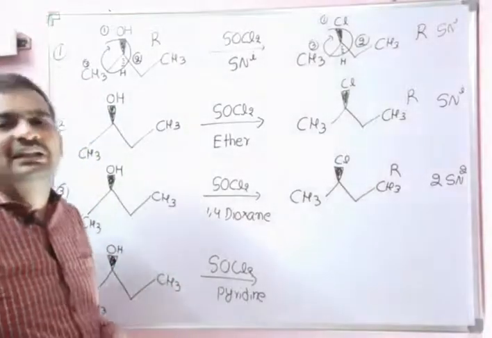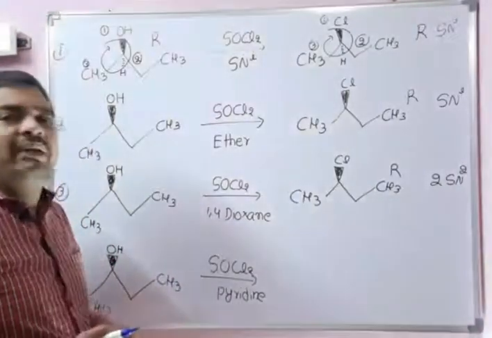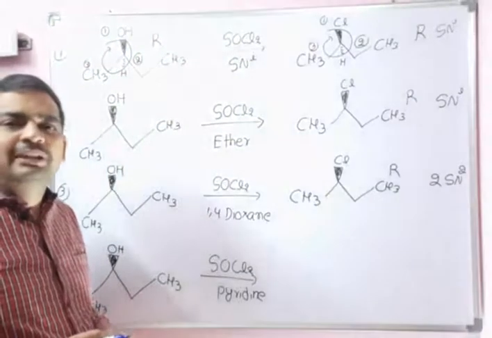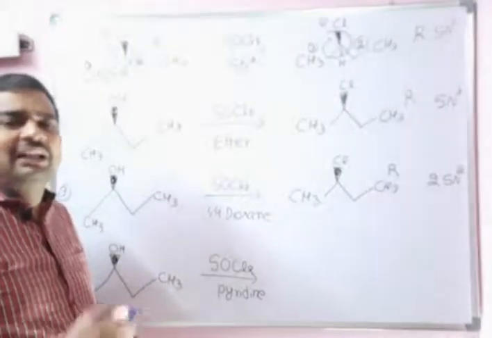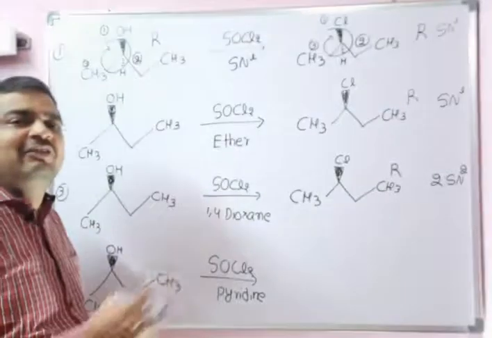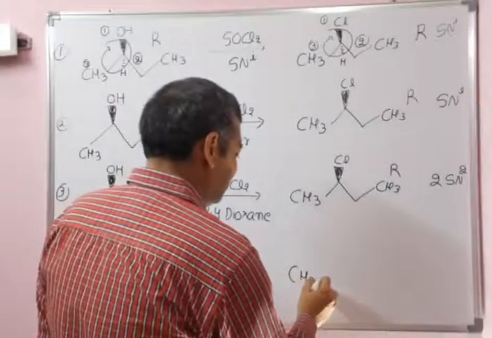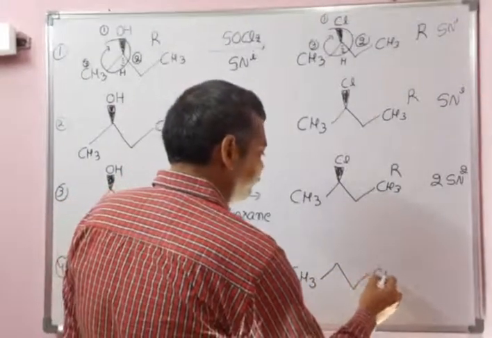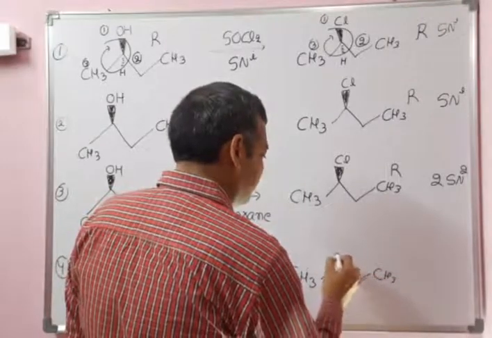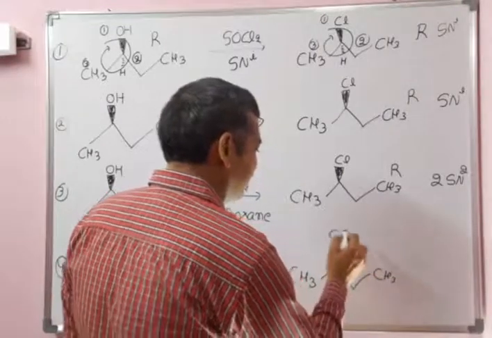The side product HCl will react with the pyridine. Pyridinium hydrochloride is formed. That is a good source of Cl minus ion, which will attack backside with respect to the alkyl chlorosulfite, backside to the OSO2 group. As a result, you will get inversion of the configuration. See the inversion of the configuration.